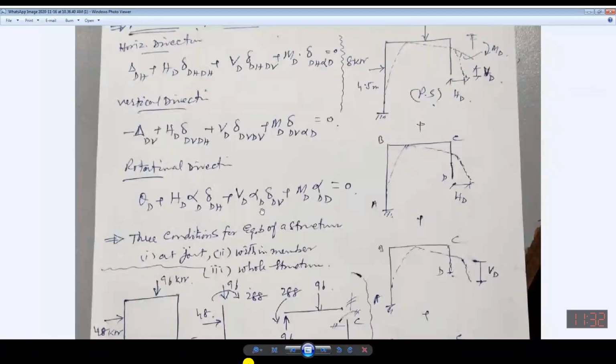What does it indicate? It states that it indicates rotation at point D due to unit force, this is delta, unit force at point D in the vertical direction. Then this is the rotation at point D due to unit moment at point D. Anji?